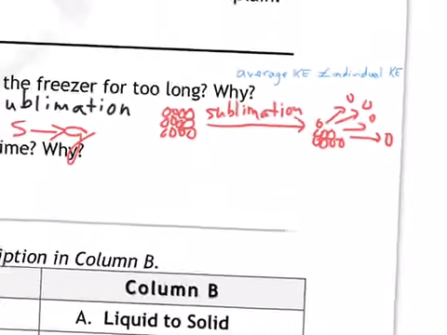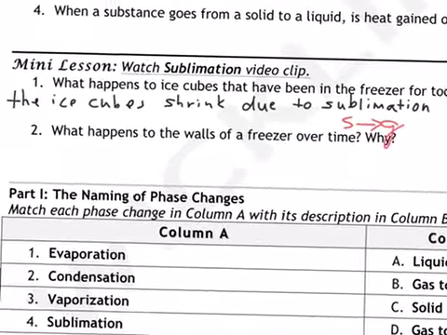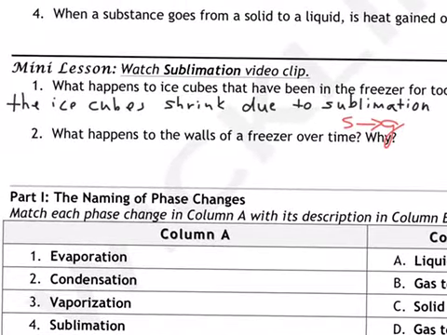So I'll zoom back out here, and we will talk about what happens to the walls of the freezer over time. You may have noticed that the walls of the freezer can collect the vapor that was being produced in the previous idea. That vapor that's being produced can collect on the sides of the freezer and turn back into a solid.